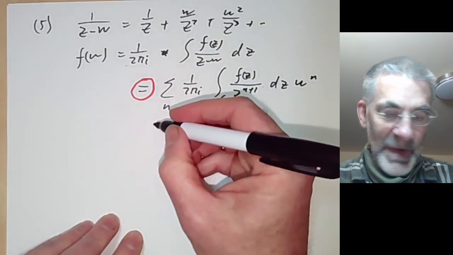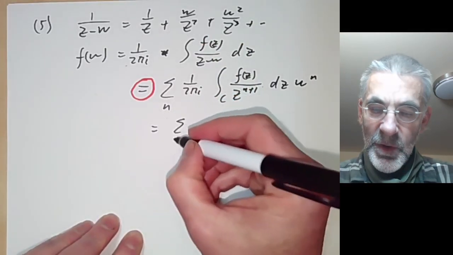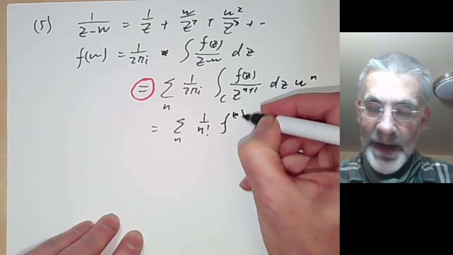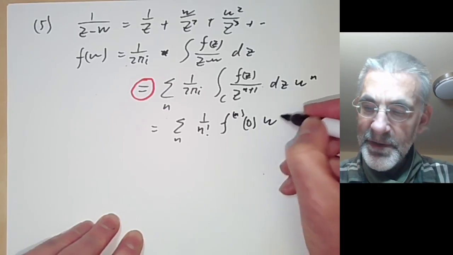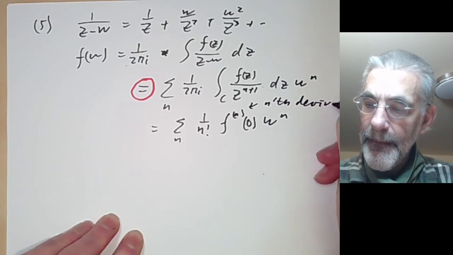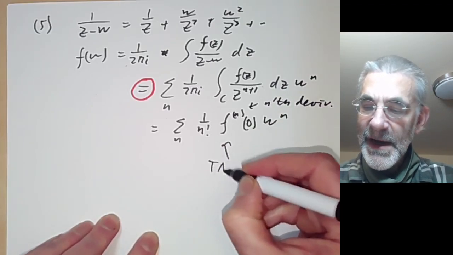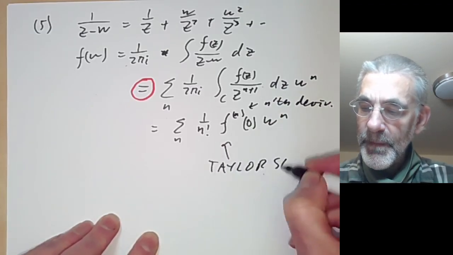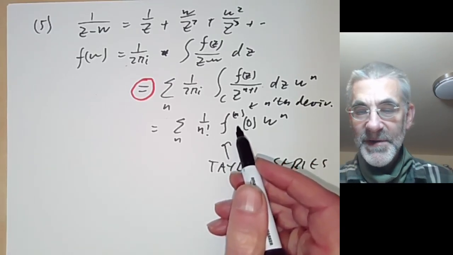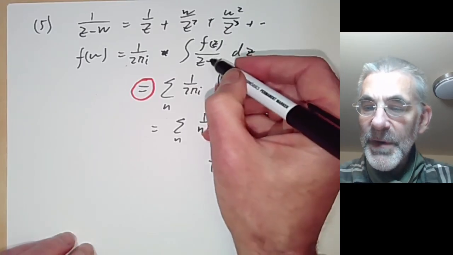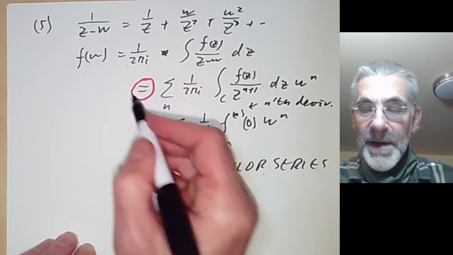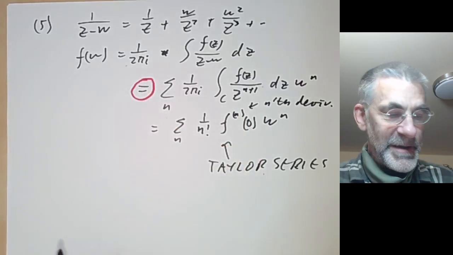Anyway, this is equal to a sum over all n of 1 over n factorial times the nth derivative of f at 0 times w to the n. And this, you'll notice, is just the Taylor series expansion of f, assuming the Taylor series expansion converges. So we've shown that f is always equal to the Taylor series, provided this equality sign here is okay.